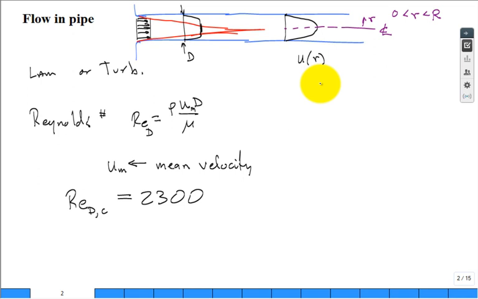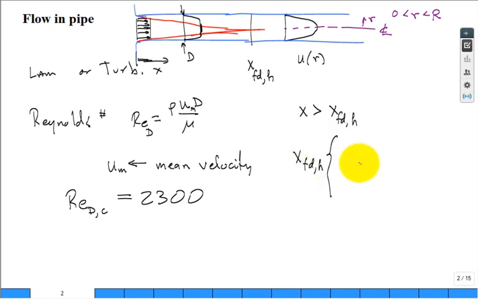Okay. So what is that distance at which you become fully developed hydrodynamically? See, we're measuring x. x is our distance measured from 0 at the entrance all the way down the length of the pipe. And so when x is greater than x fully developed hydrodynamically, we would say it's fully developed flow. But what is our equation to have fully developed hydrodynamic flow?